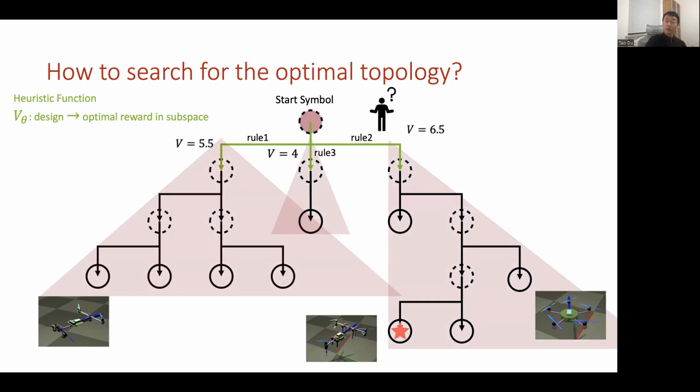So in short, you can interpret this as a deep Q learning approach imposed on this gigantic grammar tree, roughly speaking. So I'm going to sketch the basic idea behind this RoboGrammar thing, and I will leave the technical details in the paper. You're welcome to check this out if you are interested in it.